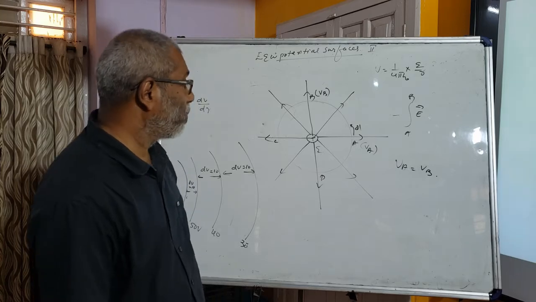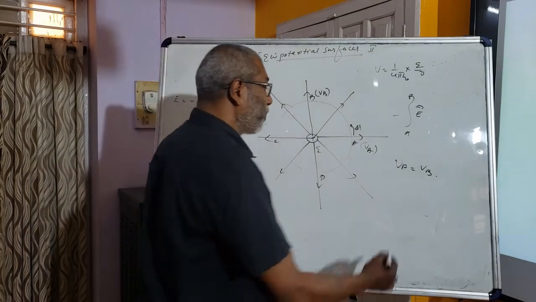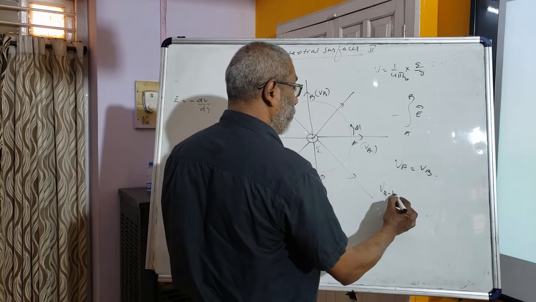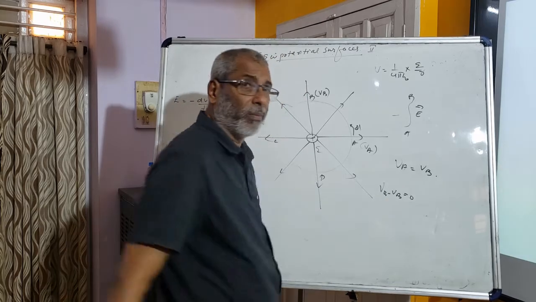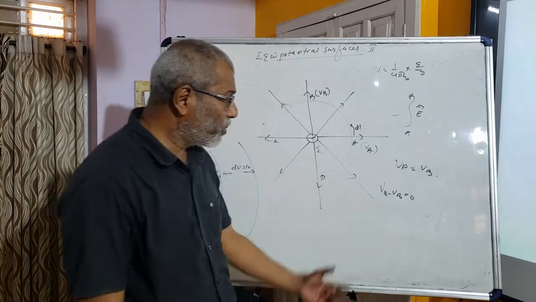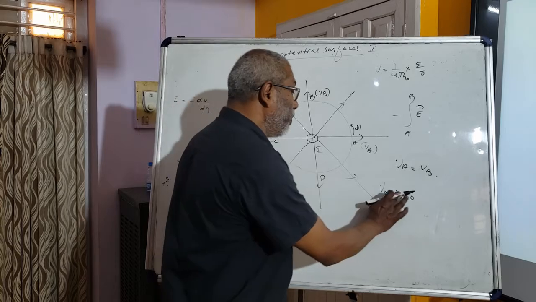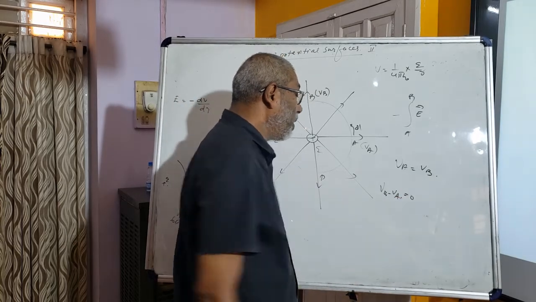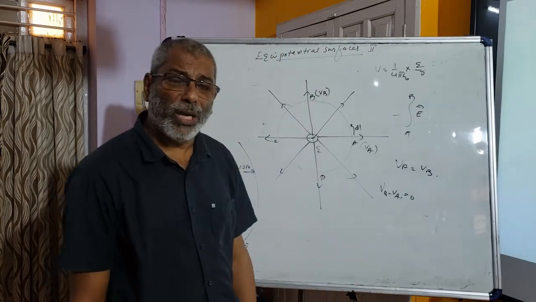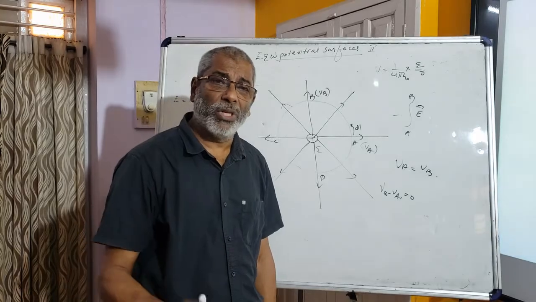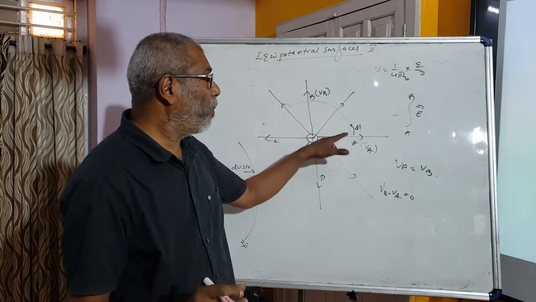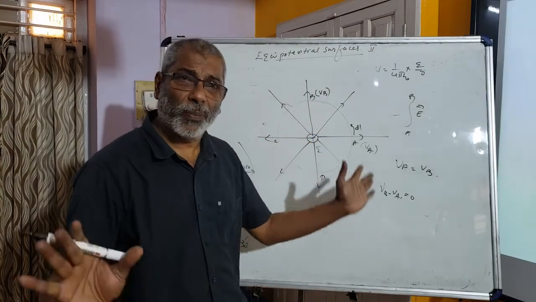Potential difference is equal to VB minus VA, and VB minus VA is equal to 0. It means the work done in moving a unit positive charge from point A to B is equal to 0.